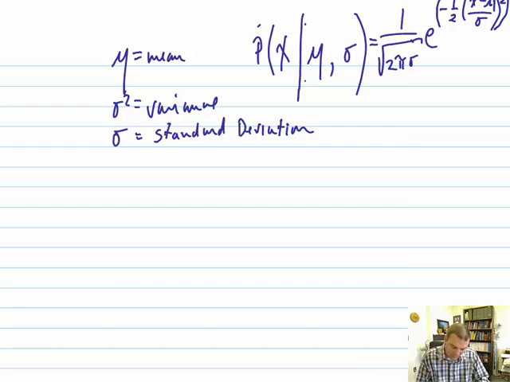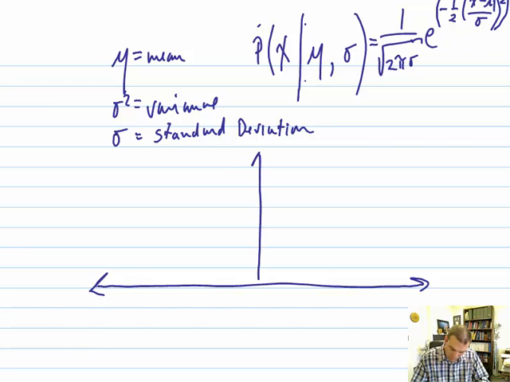Now let me show you graphically approximately what this means as we change mu and we change the standard deviation. So this is x, and I'm going to plot here P of x.